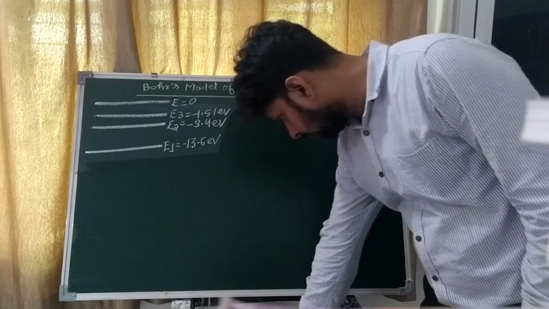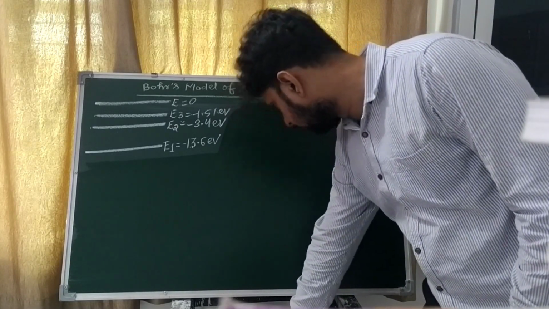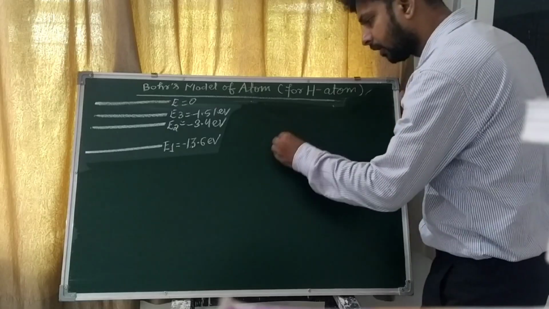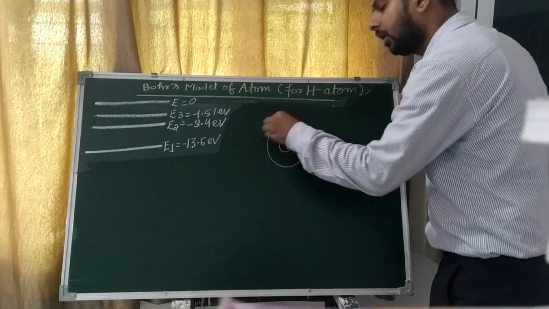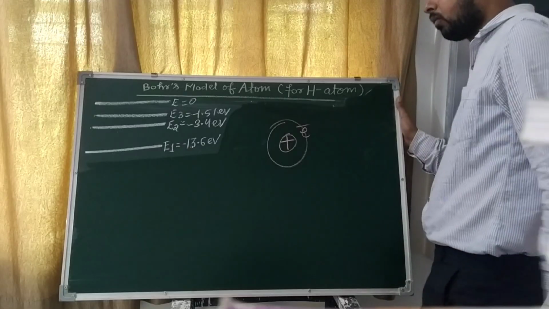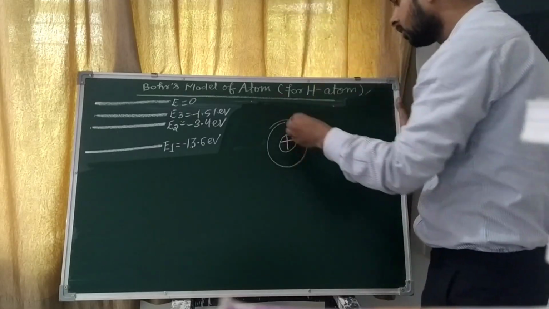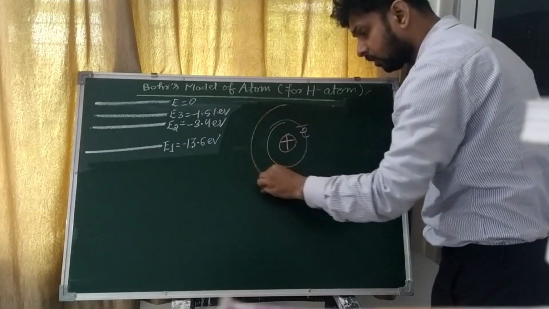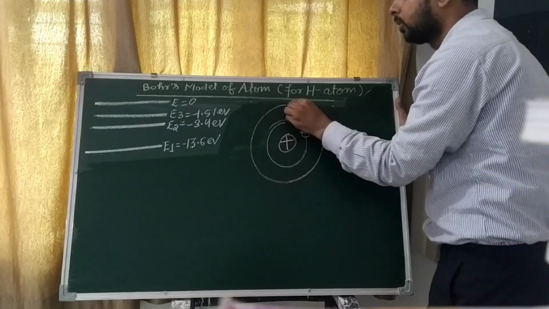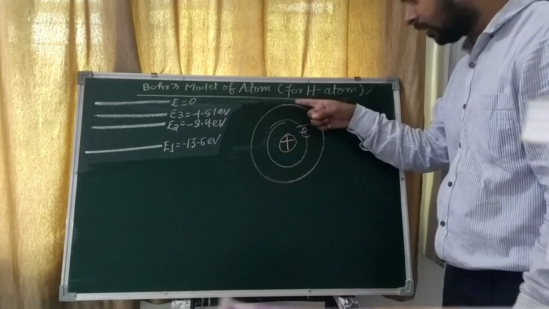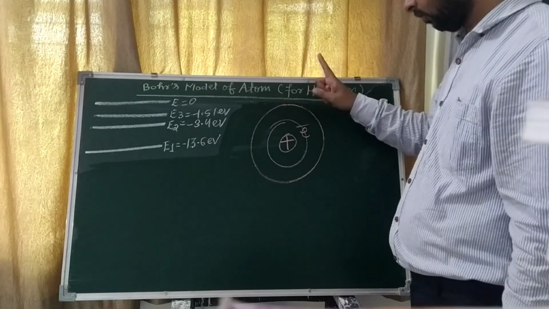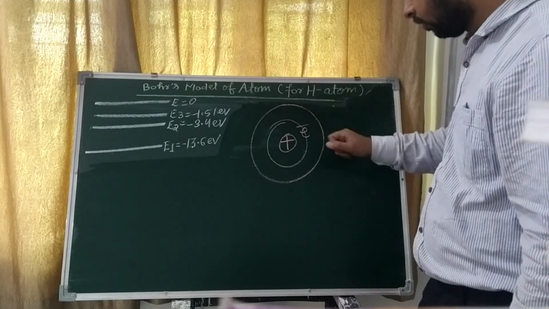उसके आगे के बच्चों, जैसे ये हमने इतनी एनर्जी दे दी कि हमने कंसीडर किया था हाइड्रोजन को, एक इलेक्ट्रॉन was revolving around the nucleus. Now we have supplied that much of energy that it can go to the higher energy level. That higher energy level is fixed. Okay?